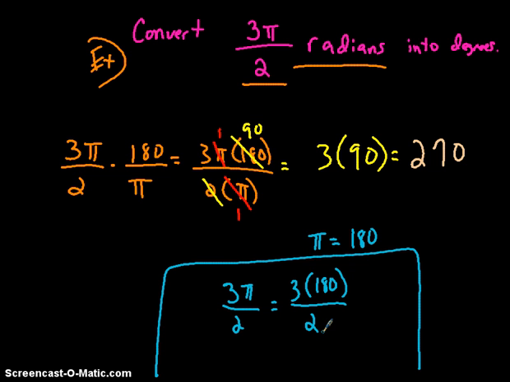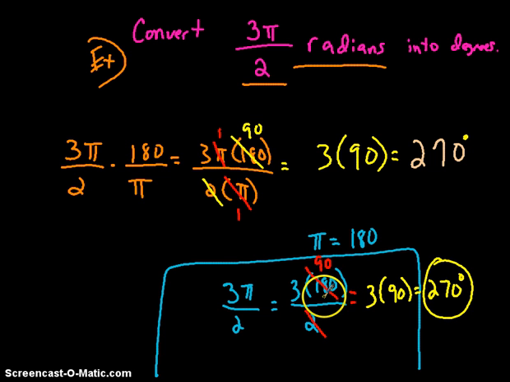And if you look for what can reduce, 180 divided by 2 is 90. You find the answer a little bit quicker, because now we have 3 times 90 again, which is the 270 we found earlier, 270 degrees. Write degrees, and that's what you found. So whenever you see pi, you can substitute 180 and look for what reduces, and you'll come up with the exact same answer.